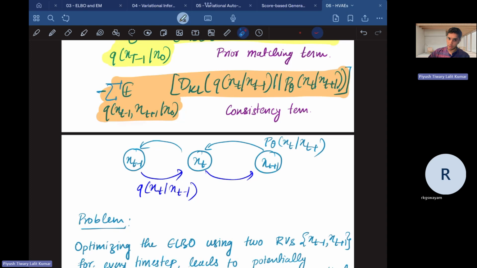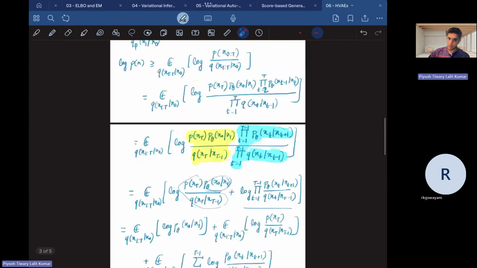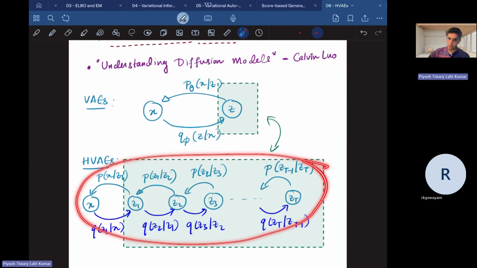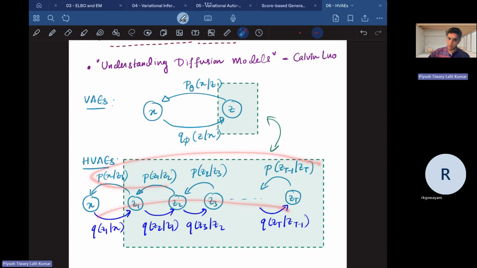And once we do that, we will immediately put some assumptions on our hierarchical VAE structure, so that our forward and backward processes lead to diffusion models.